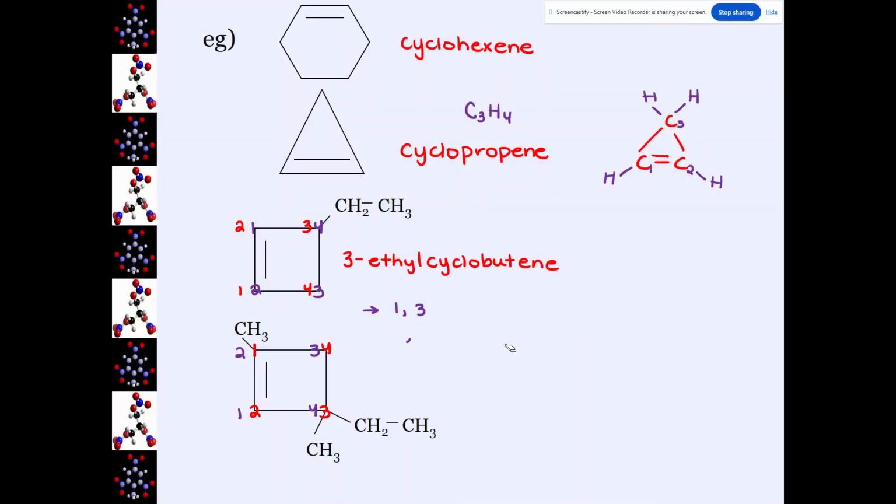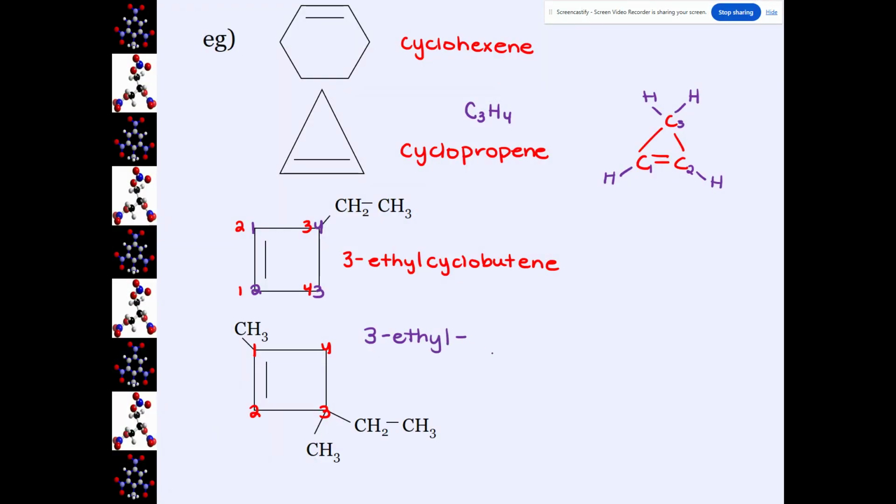So, if I'm going to number it the purple way, oh, sorry, we're not numbering it the purple way. We're numbering it the red way. Okay? That gives us branches at 1, 3. I have an ethyl branch on carbon 3, so it's 3-ethyl.